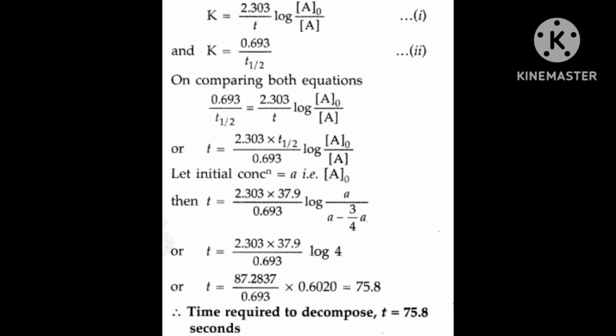Now you should know the concept of partial pressure. Partial pressure relates to a mixture of gases, here a mixture of three gases, where reactant and products are all in the gaseous phase. The pressure due to one gas in the mixture is called partial pressure.